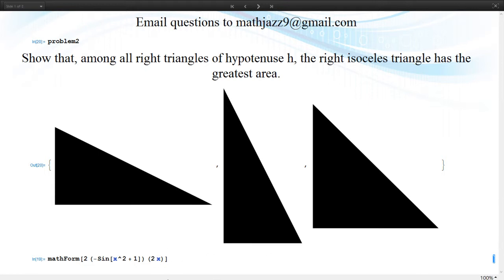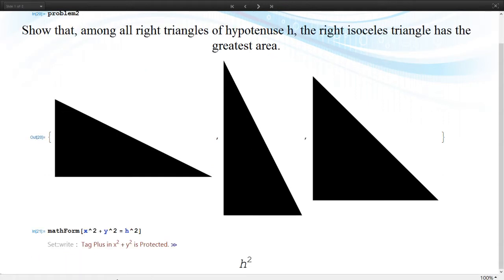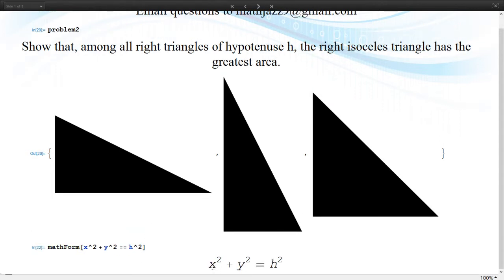So, how do we prove this? Well, we know that the 2 sides of the triangle are, well, we'll call them x and y, and we know that the squares of each of these have to equal the square of the hypotenuse. Sorry. There we go. We know this. And we know h is a constant. So, with this, we can solve for y squared.